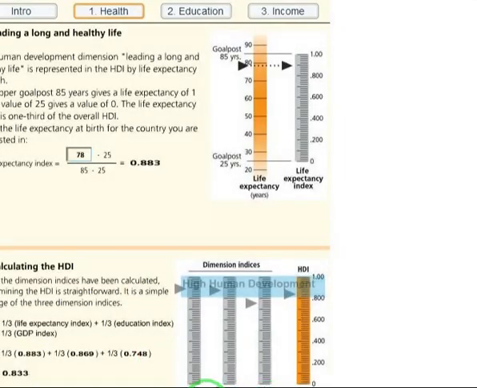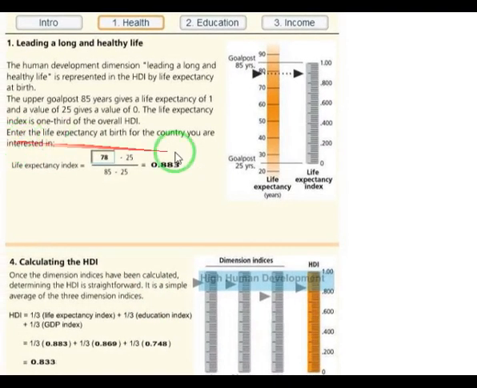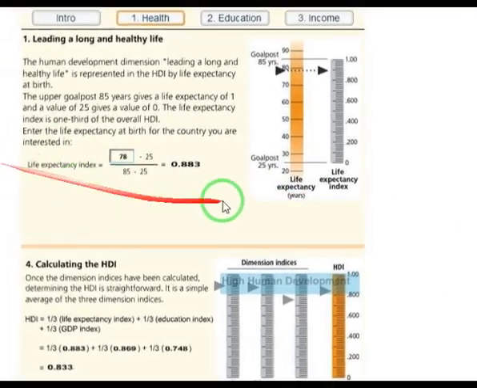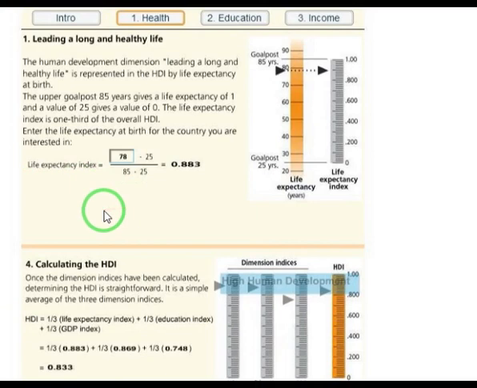There is a picture. If I can share this picture with you, let me increase this. Okay, I think it's visible now. This one is the life expectancy. I told you HDI is calculated on the basis of three parameters: life expectancy, literacy rate, gross enrollment, and real income or real per capita income, PCI.